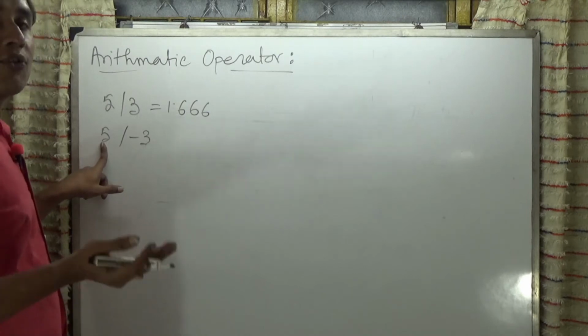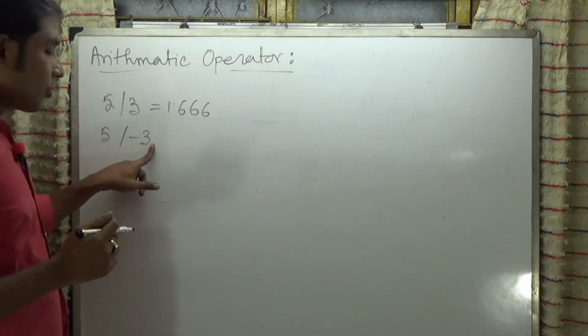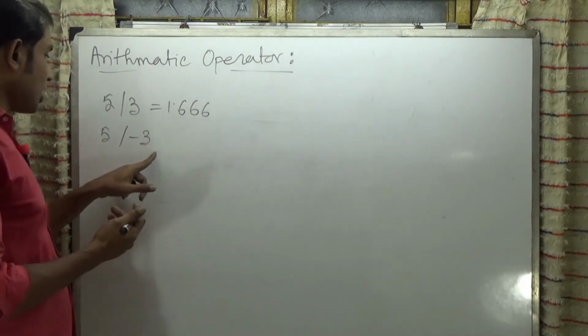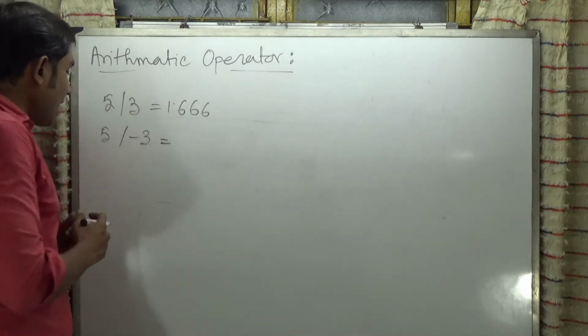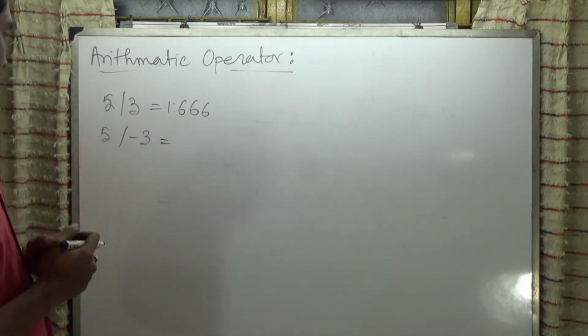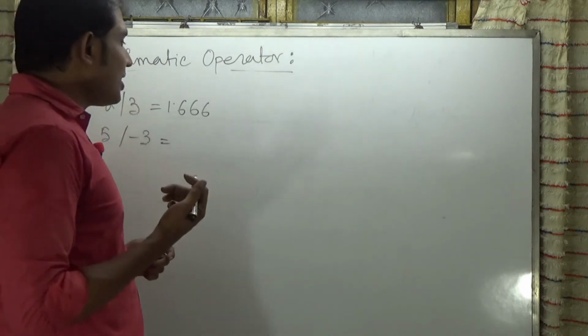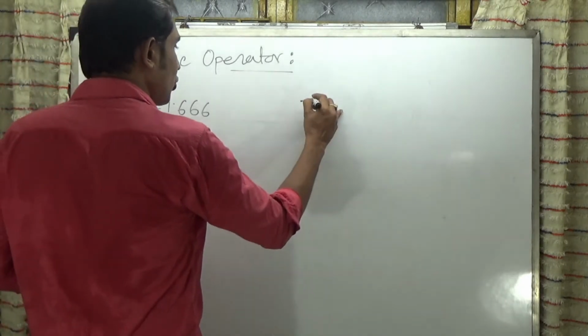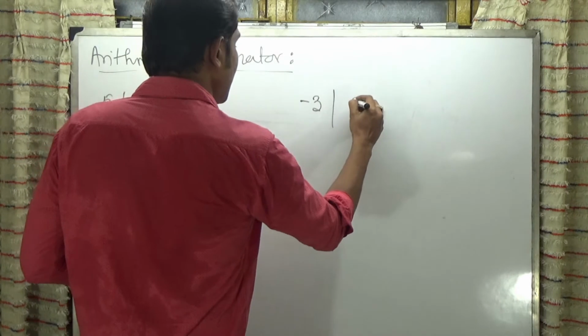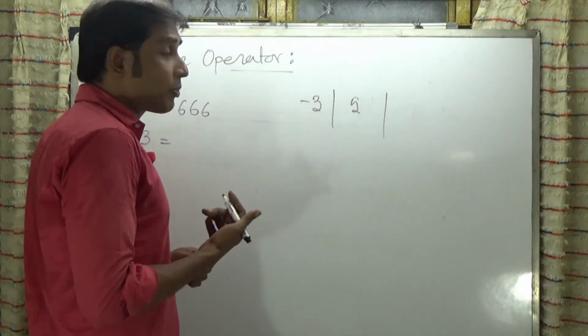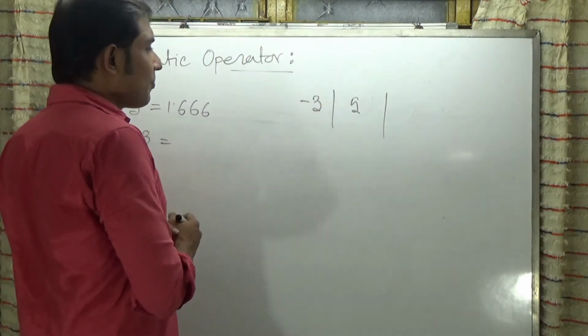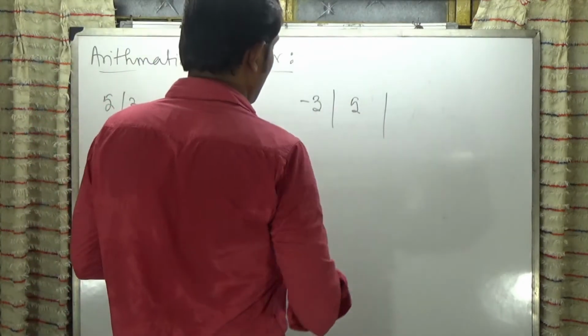The dividend is positive, but the divisor is -3. Then what is the output for this expression? It is very interesting: -3 divides 5. Now I am going to divide this, so -3 and this 5.